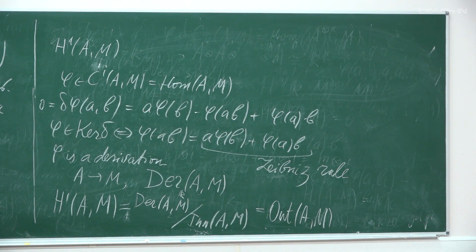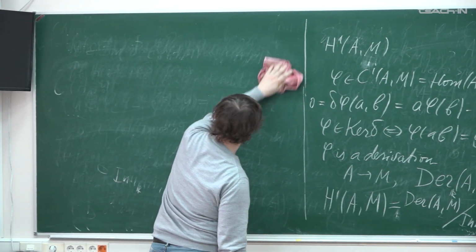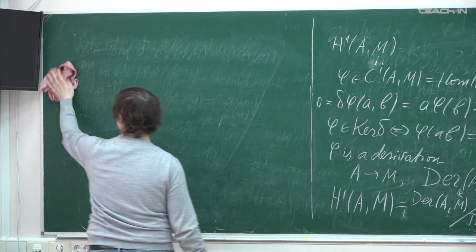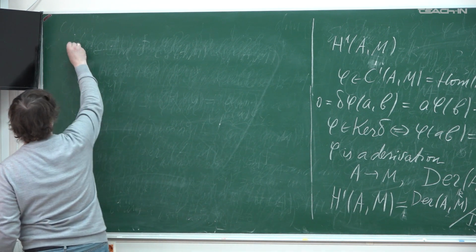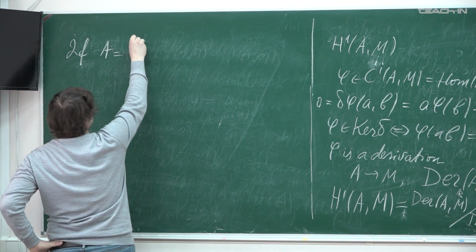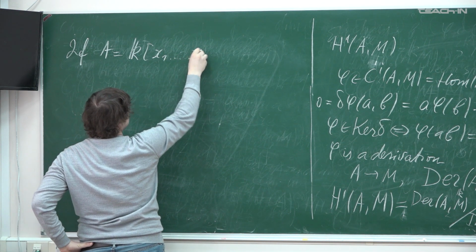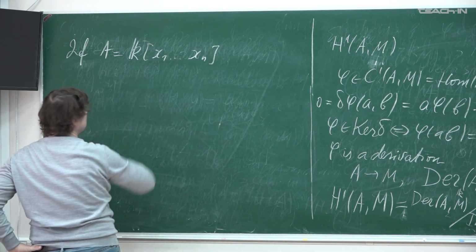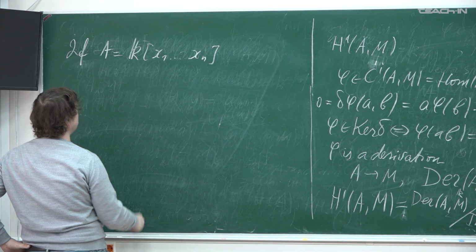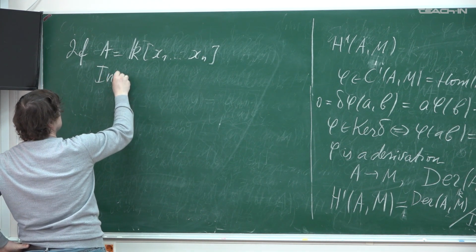In many situations, this space of derivations can be easily described. For instance, if A is equal to the algebra of polynomials with n variables, and M is equal to A, let me consider this particular case.